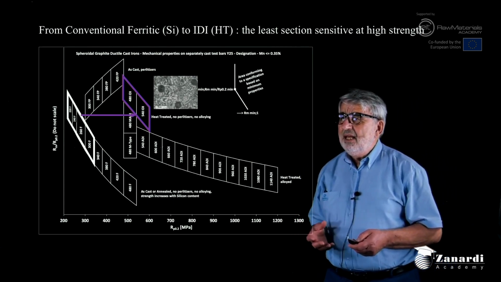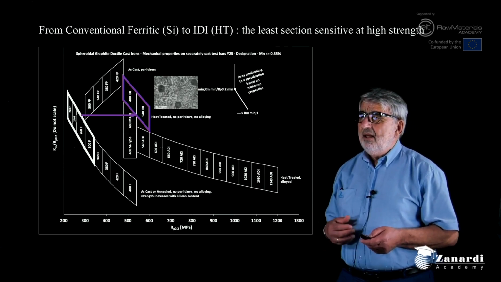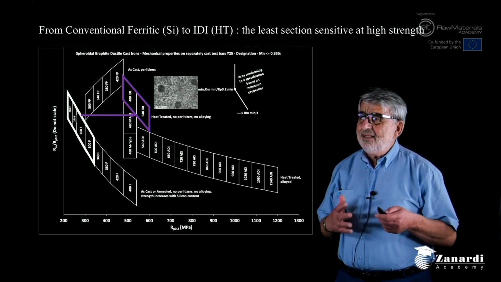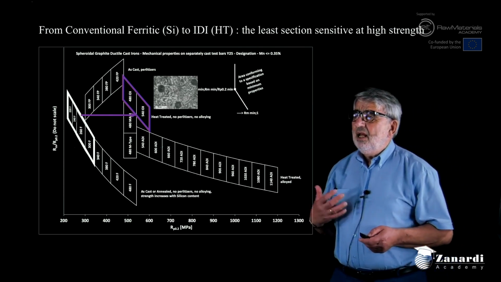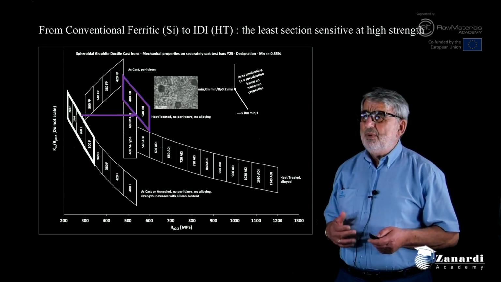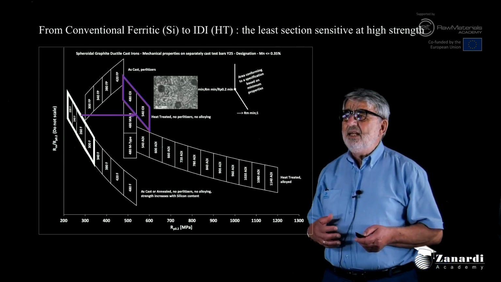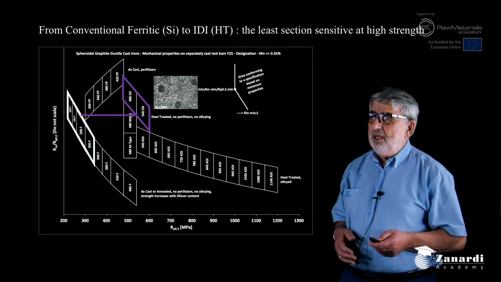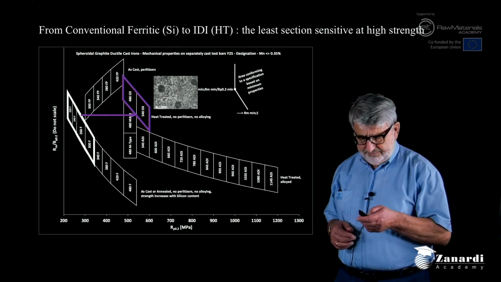So we obtain the IDI, the isothermal ductile iron, which has very uniform properties in different casting sizes of the same casting, and with very interesting minimum properties of 800 ultimate tensile strength, 480, and 6% elongation in wall thickness between 25 up to 75 millimeters.